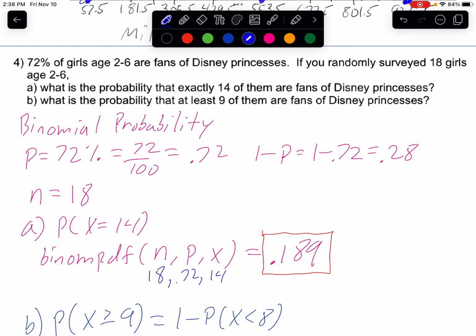So what if it asks for the probability that at least 9 are fans? This is different than finding exact, right? The main difference is that now there are multiple values of X that this at least 9 covers, right?